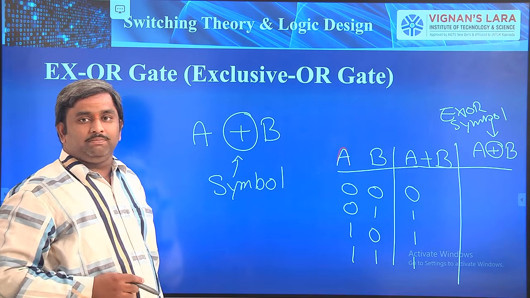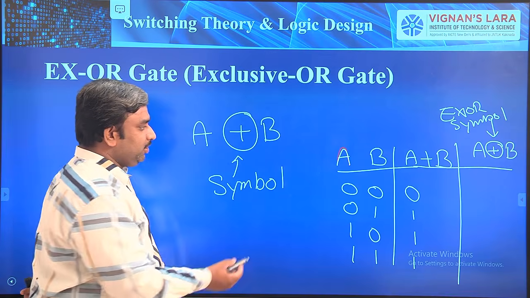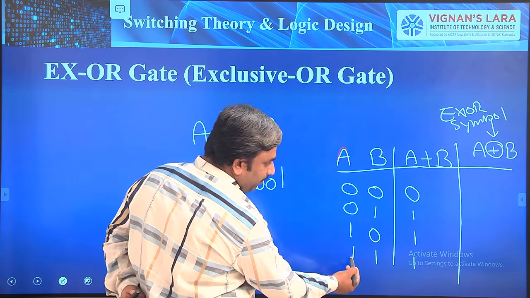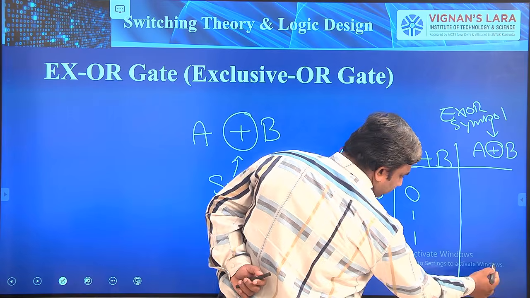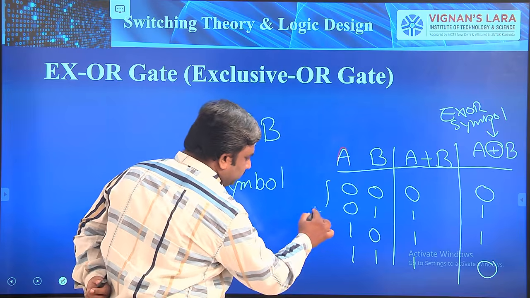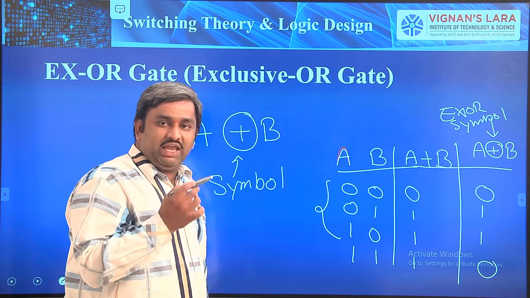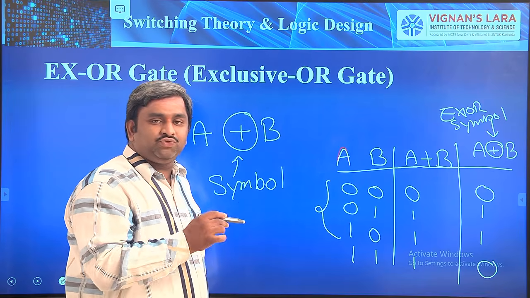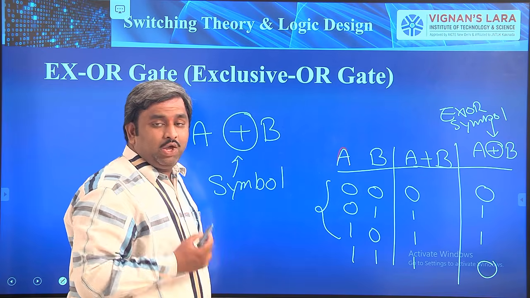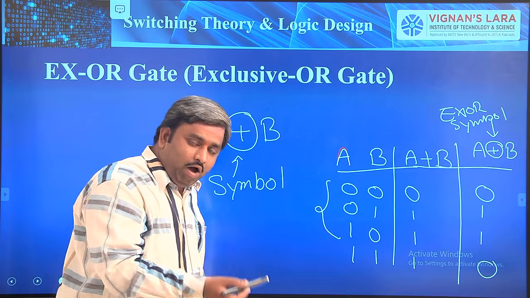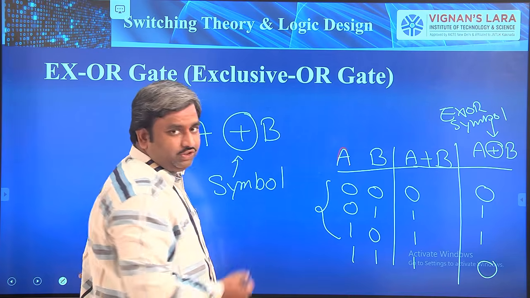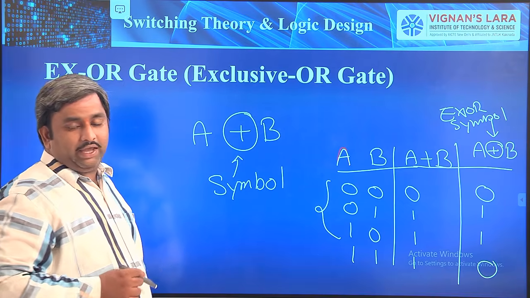Coming to the exclusive OR gate operation, there is a small change when both inputs are in on condition, that is 1 1. The remaining conditions are the same. So for these three combinations, the same OR gate behavior is followed by the XOR gate. In the special condition, when both switches are in the on state, that is the 1 1 condition, the output is 0. So this is the XOR gate operation.